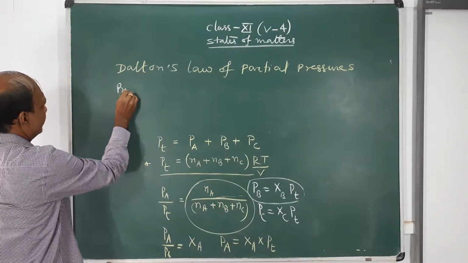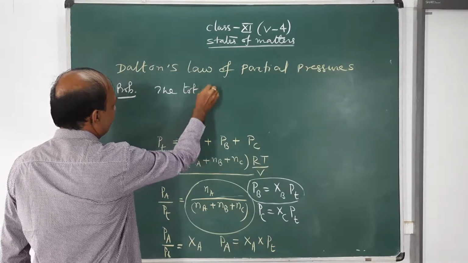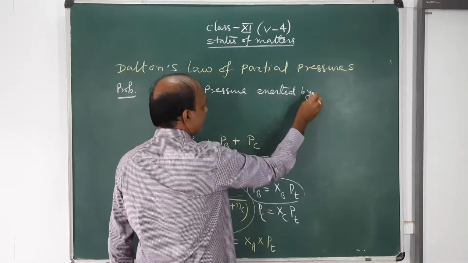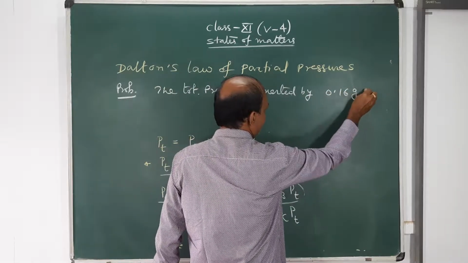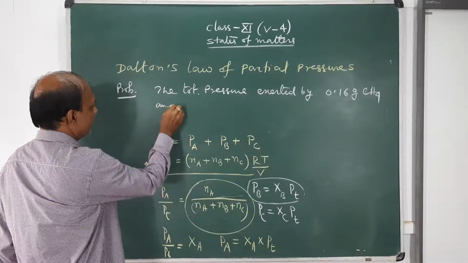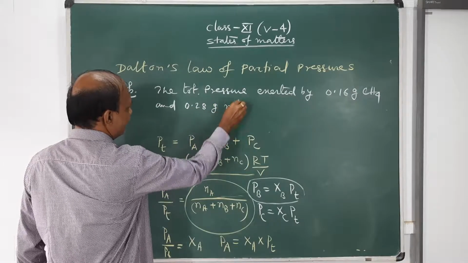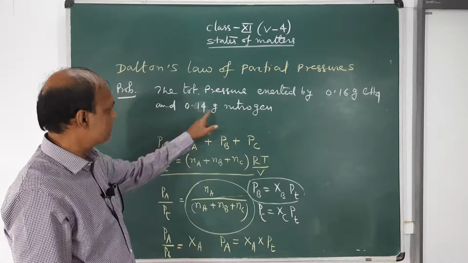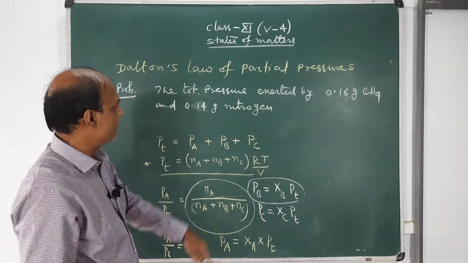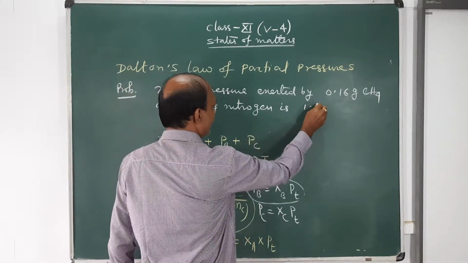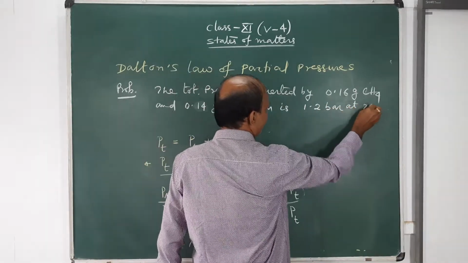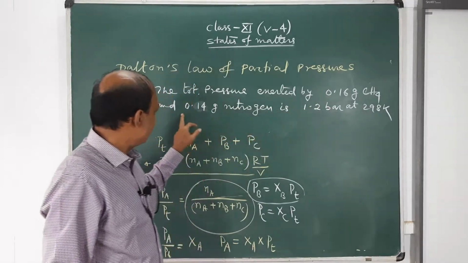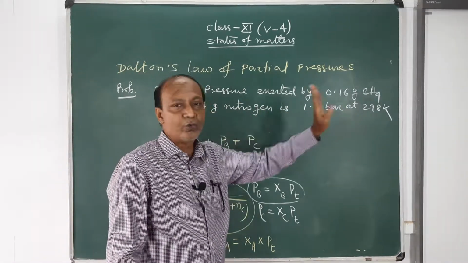For example, look at this problem. The total pressure exerted by 0.16 gram methane and 0.14 gram nitrogen is 1.2 bar at 298 Kelvin temperature.